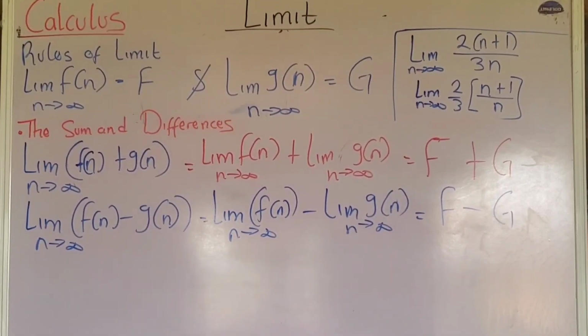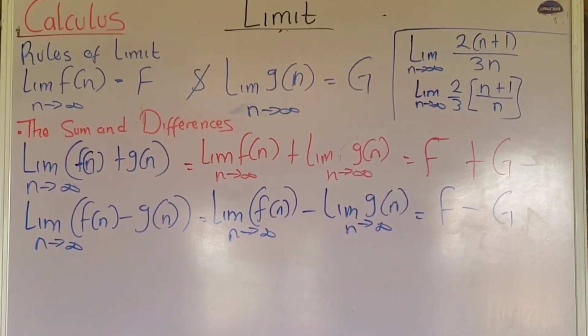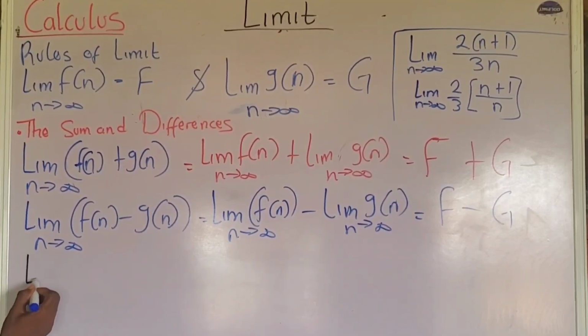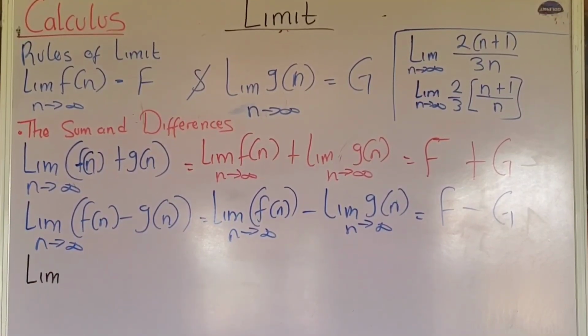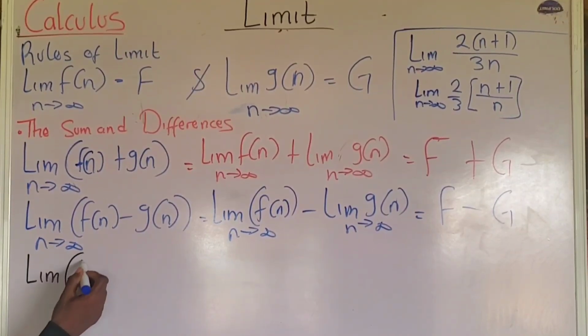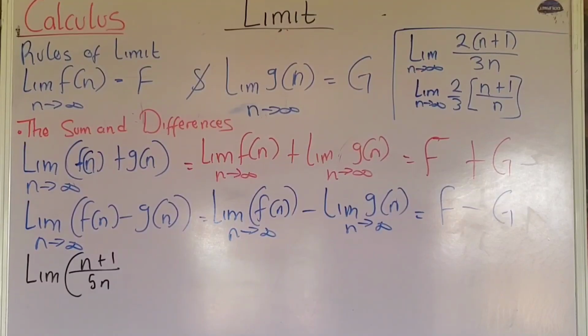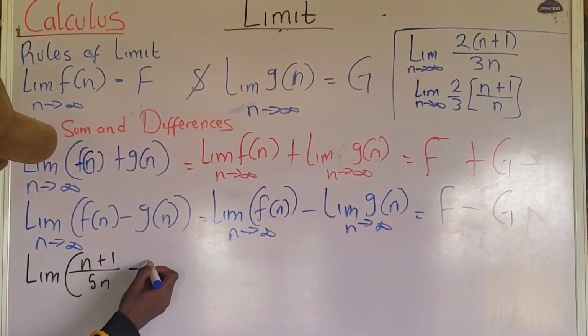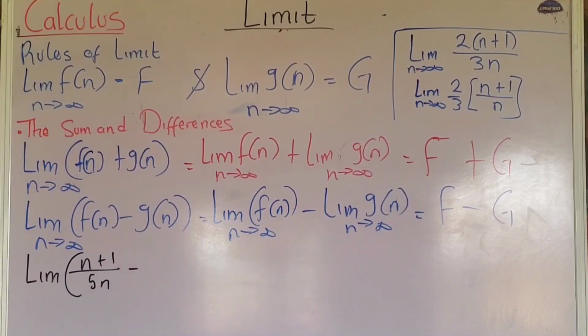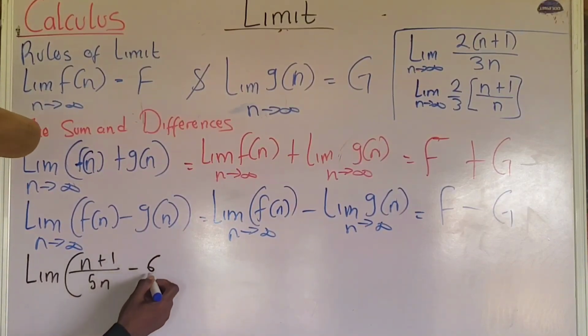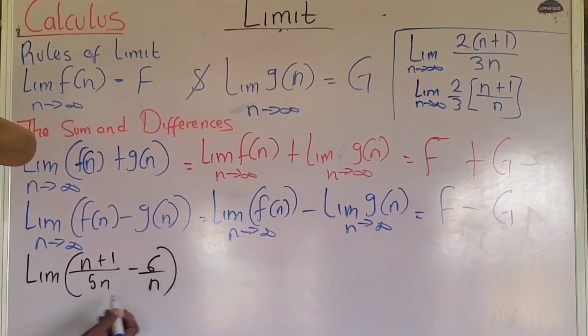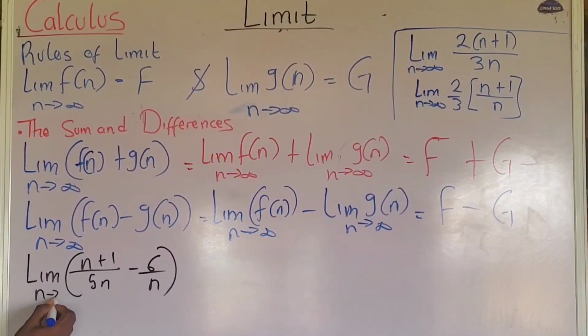Let's say you are asked to take the limit of this function: the limit of n plus 1 all over 5n, minus 6 over n, as n tends to infinity.